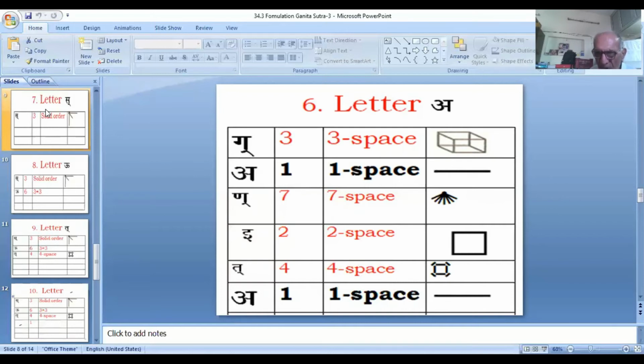Now this spatial order creates a space that comes in a dynamic state. Therefore, the result is that the formulation Ganit leads to a format of features and values which amounts to a progression from a three-space content lump in a static state to four-space content in a dynamic state.